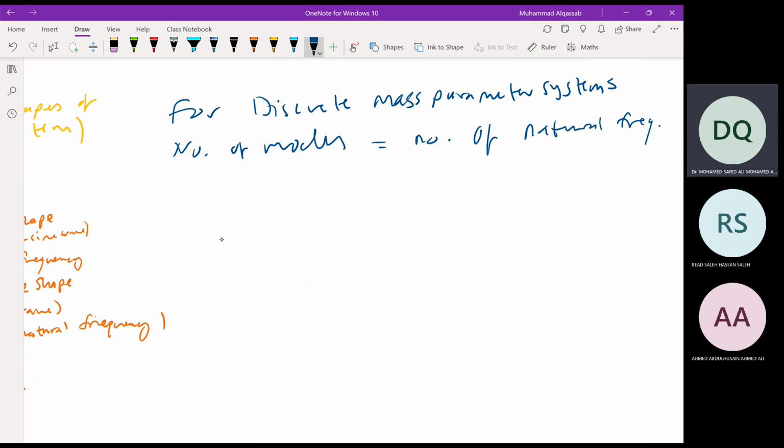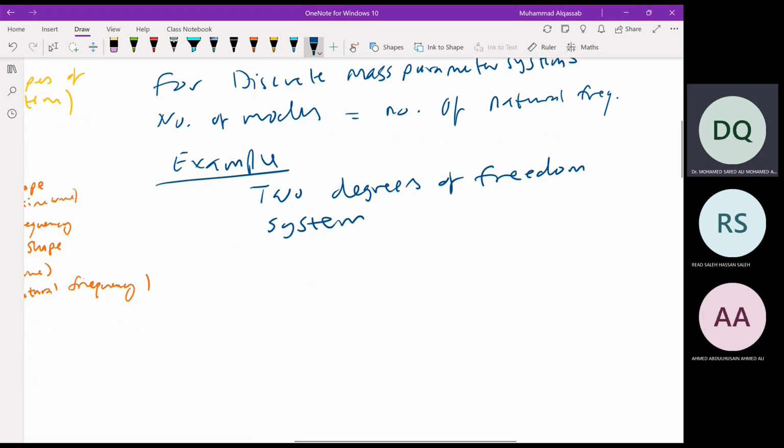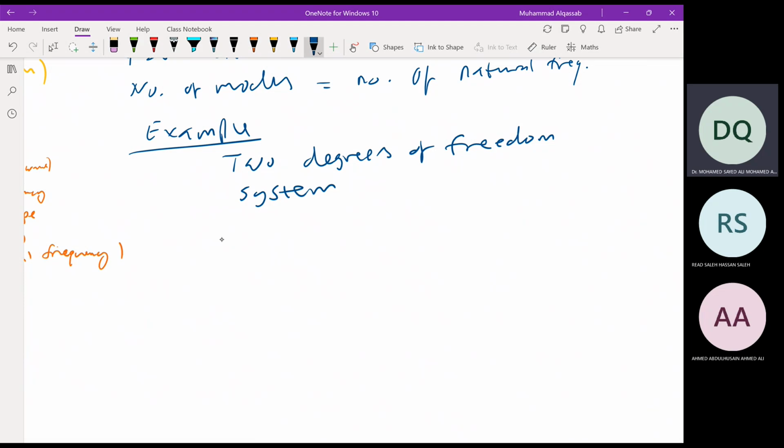So if you have 2 degrees of freedom, okay, let's say a spring mass system like this.